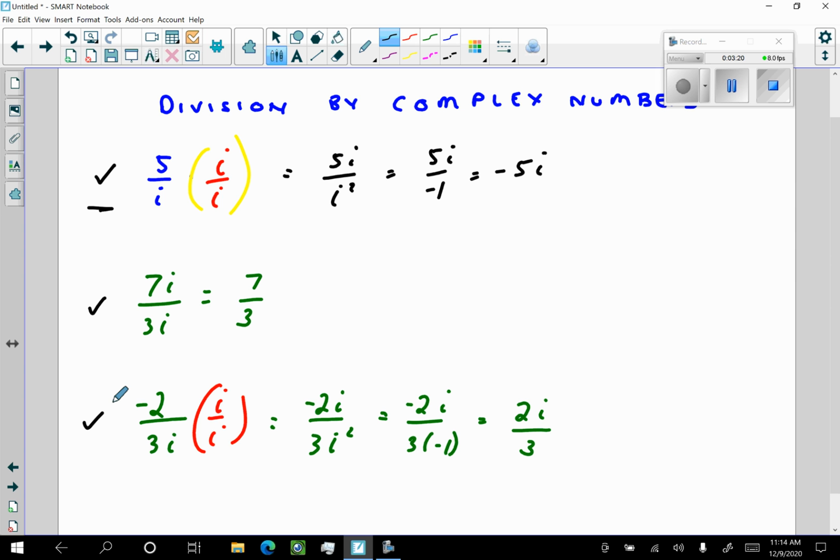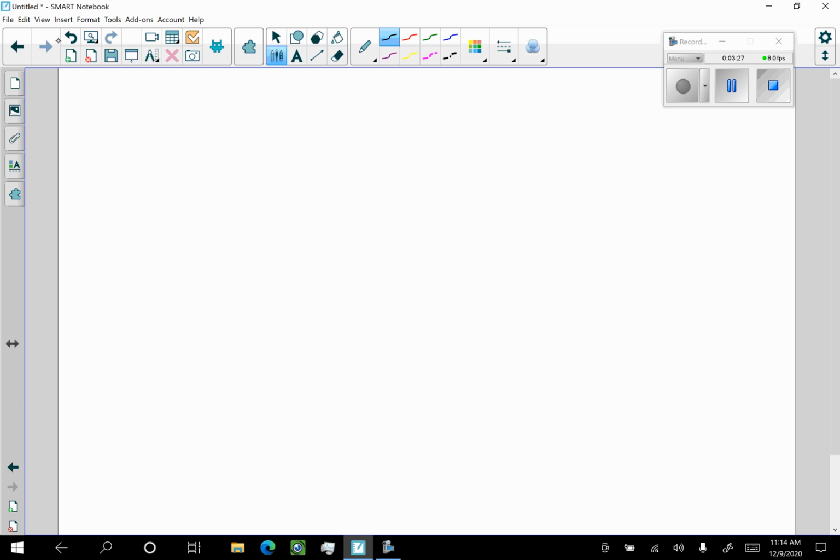Now we're going to delve into a bit more complicated problem. And I'm going to do the example here. Here I have 2 plus 3i over 4i. What you want to do with these types of problems is rewrite that and make it look like the complex number a plus bi.